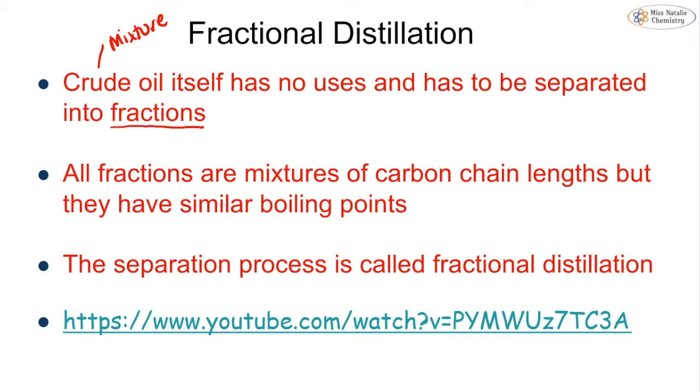And the fractions are a mixture of different carbon chain lengths, but they all have similar boiling points. So we're taking advantage of this physical property of a boiling point and being able to then separate out the crude oil. And this process is known as fractional distillation. Now this link here is from the Fuse School, and it is a very good link to clearly explain fractional distillation, and you can find that in the description below.